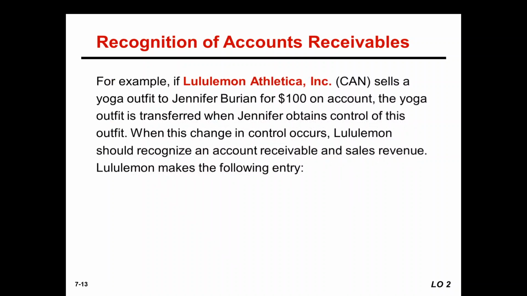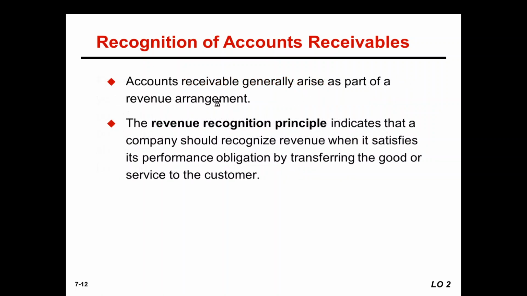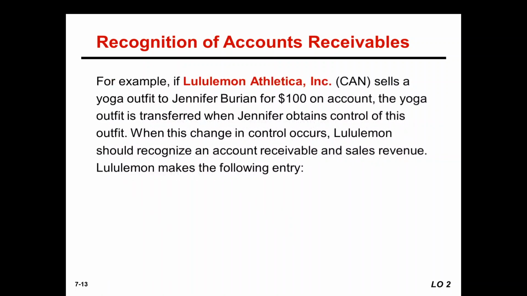So for example, here Lululemon Athletica Incorporated from Canada sells a yoga outfit to Jennifer Burian for $100 on account. On account means on credit. The yoga outfit is transferred when Jennifer obtains control of this outfit. It is when the arrangement is finished, or when the obligation has been transferred from Lululemon to Jennifer Burian.